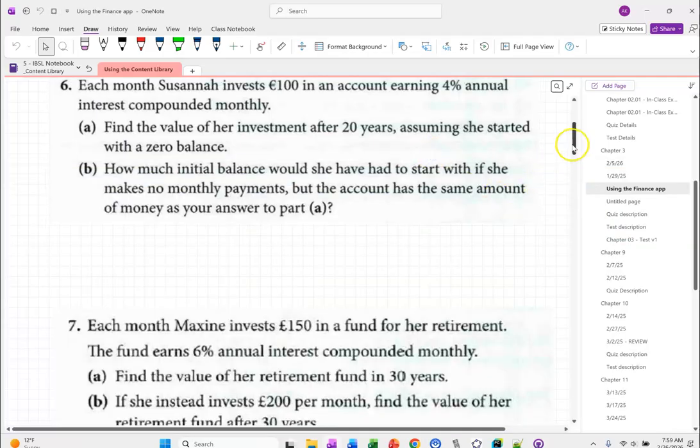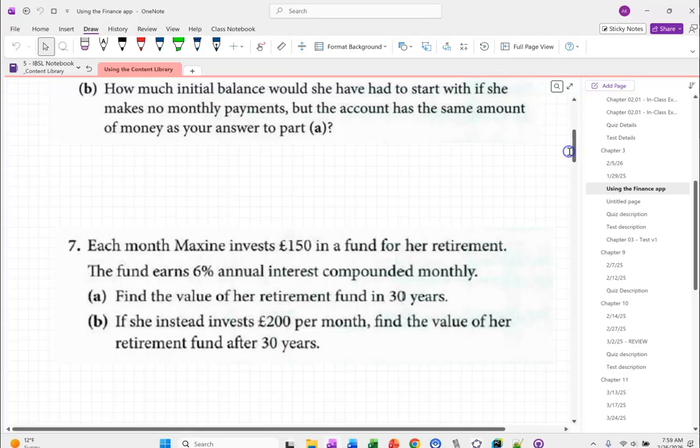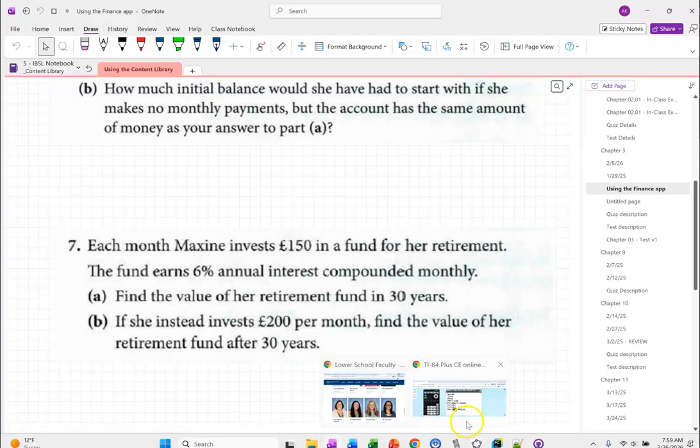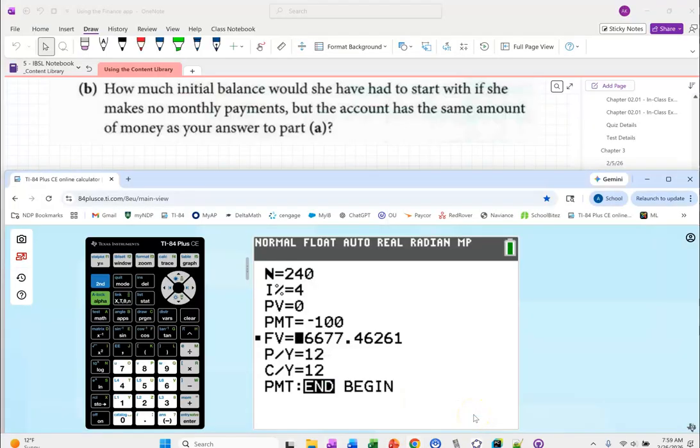All right. Part B says, how much initial balance would we have had to start with if we want to make no monthly payments and end with that same amount of money? So here, what are we looking for in this question?